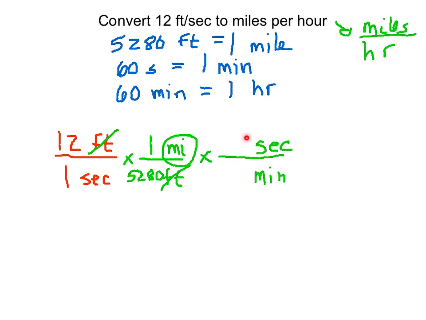You might be saying, well, how can you multiply this? It's not next to 12 feet over 1 second. How can I put that over on this side? The reason is because multiplication is commutative, right? I could right now just multiply this and my answer would be in miles per second. And then take this answer and now multiply it by this. And then I can take this whole answer and multiply it by another conversion factor.